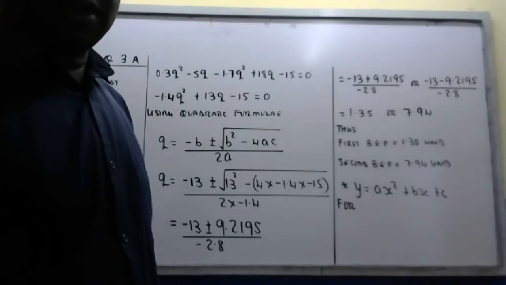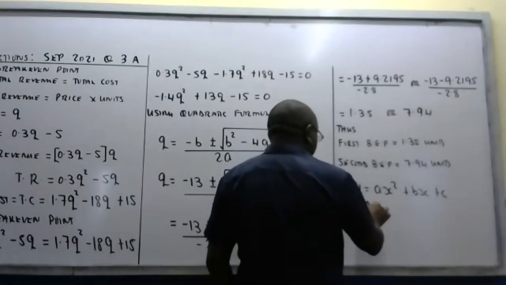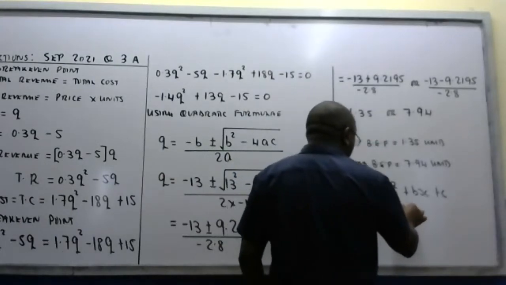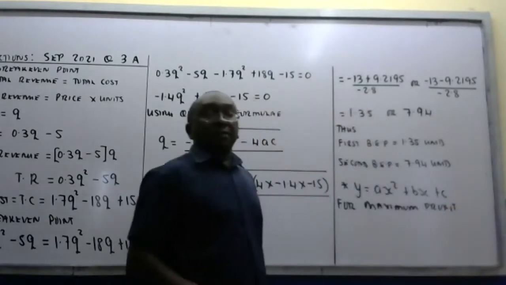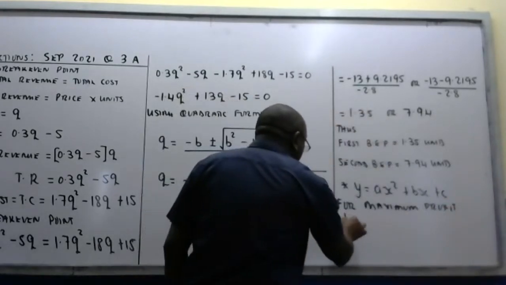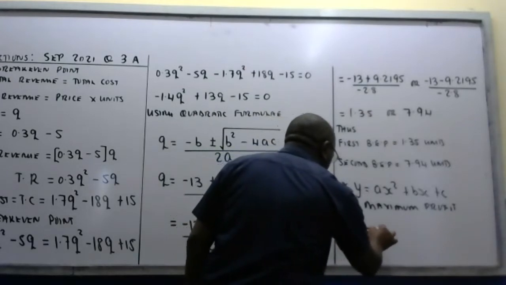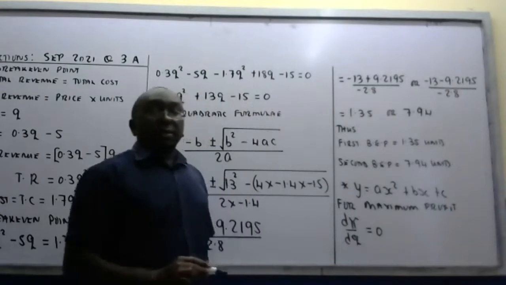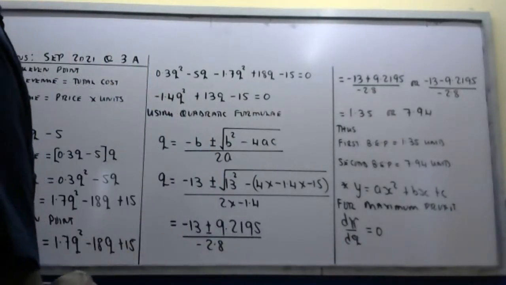Now, for maximum profit, the differential of pi with respect to q should be equal to 0. Pi is the profit.